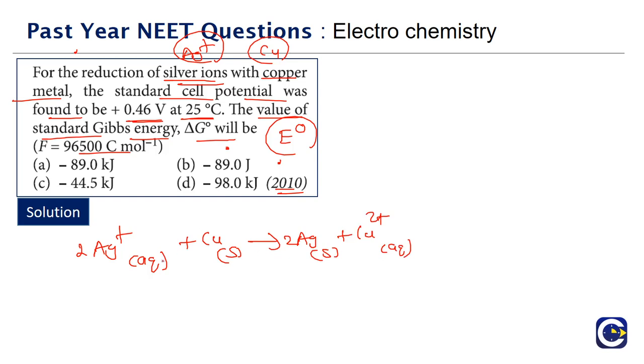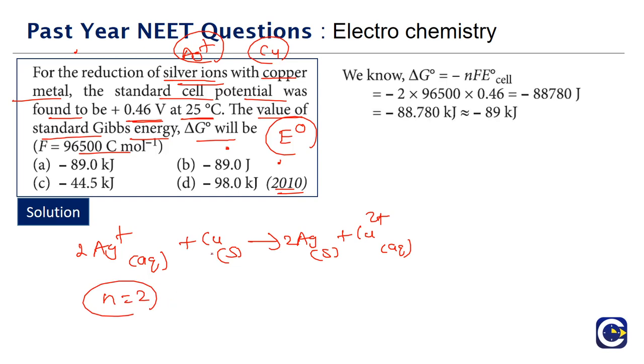The number of electrons exchanged will be 2, and the formula is del G naught equals minus nF into E naught cell. Here the E naught value is given as 0.46, n is 2, and F is the Faraday constant, which is 96,500 coulomb per mole.